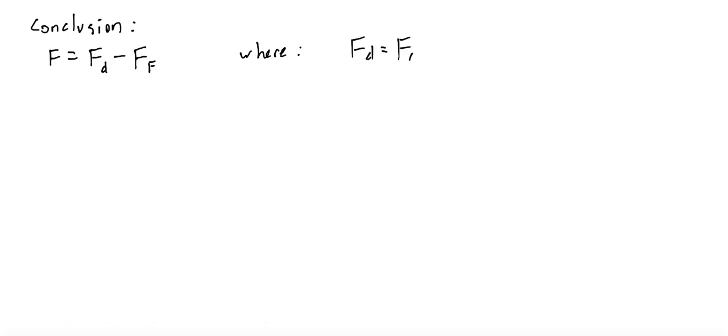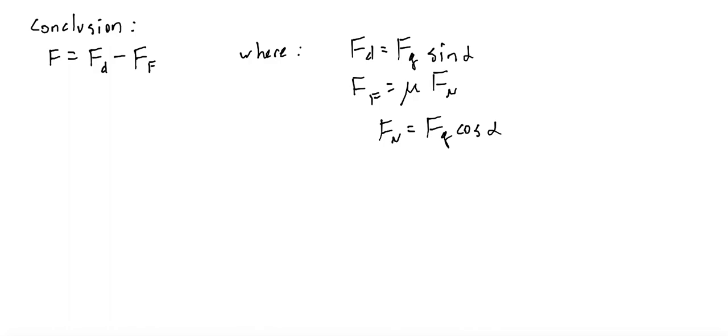Okay, so the conclusion. When you have an object placed on the slope, the overall force is given by the difference between the downward force and the frictional force, where the downward force is Fg times sine of the angle, the frictional force is the friction coefficient times the normal reaction force, where the normal reaction force is given by Fg cosine of the angle, and of course Fg is given by m times g.